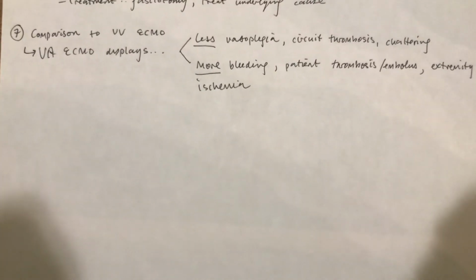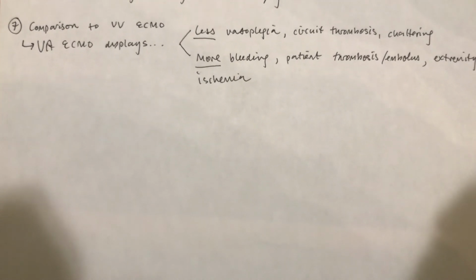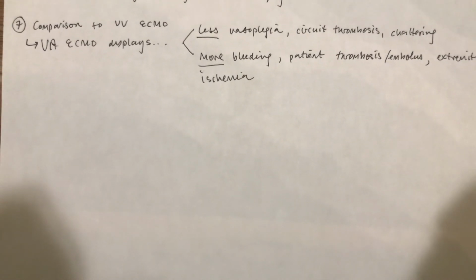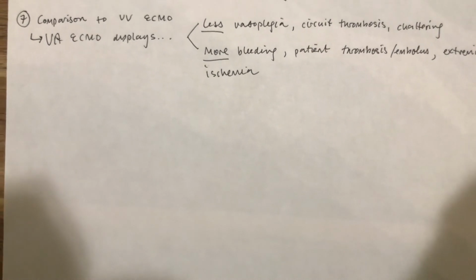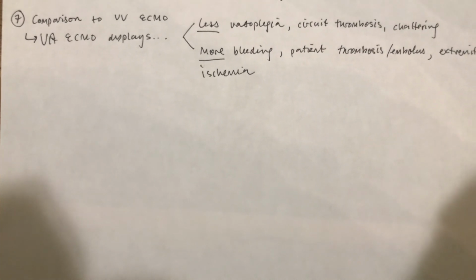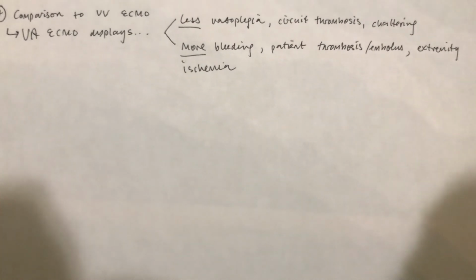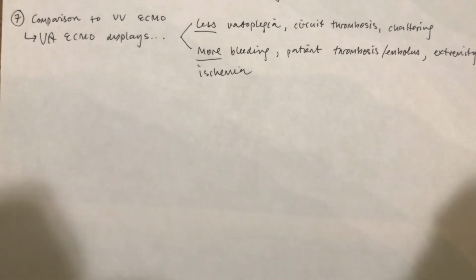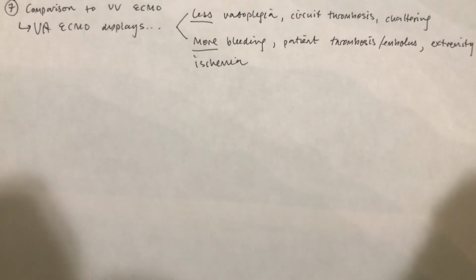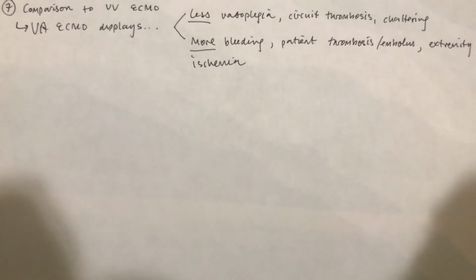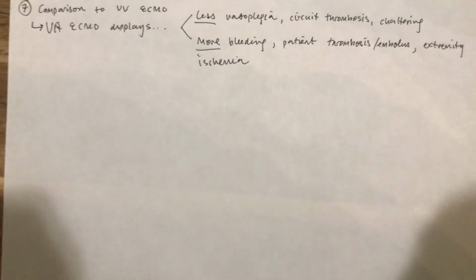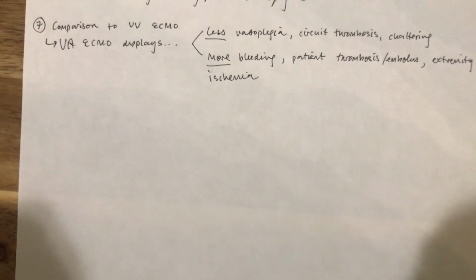You will see less vasoplegia and less circuit thrombosis because there's a venous to arterial flow, not venous to venous, and you will see less chattering as well. I don't have a good reason for this, but chattering VA ECMO cannulas I've never seen, whereas VV I have seen. Not to say it doesn't happen, I'm sure it does. It seems to happen less.